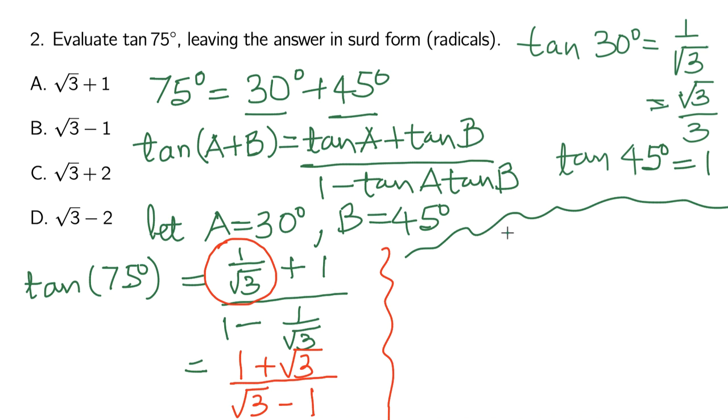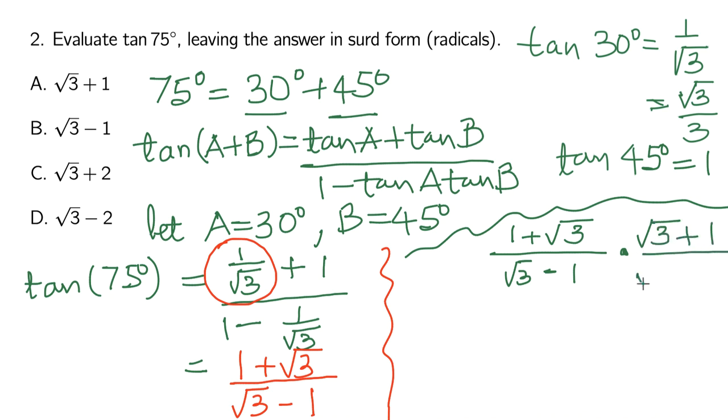We have 1 plus square root of 3 over square root of 3 minus 1. We want to now multiply both the denominator and the numerator by the conjugate. So we have square root of 3 plus 1 over square root of 3 plus 1.